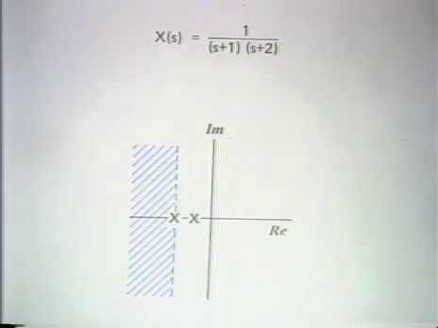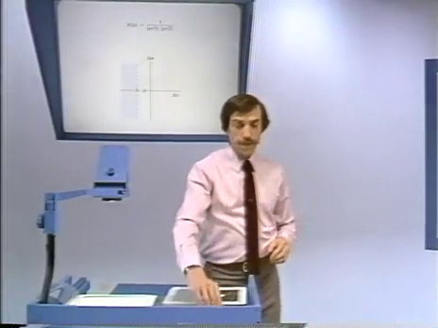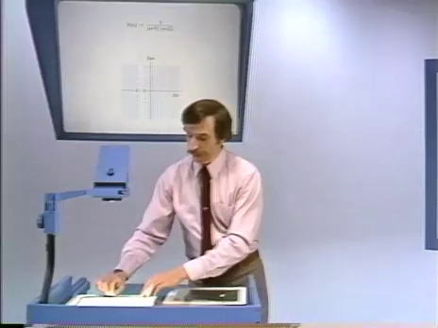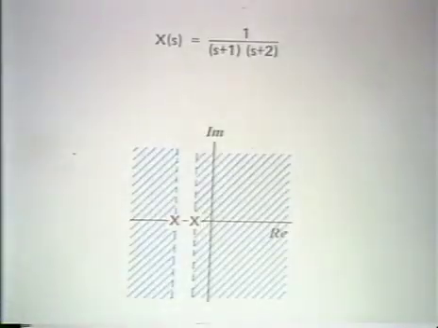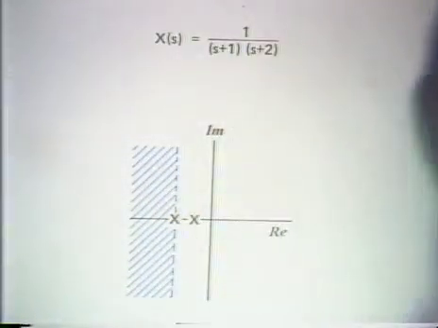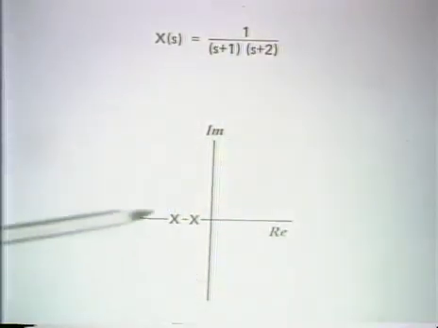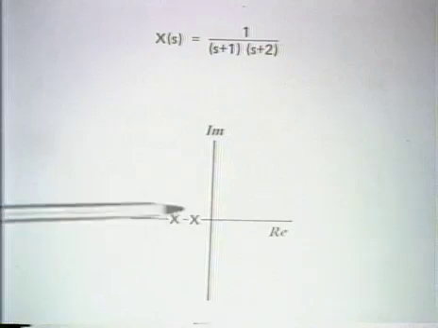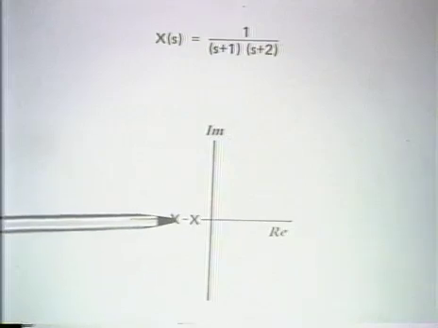And because I said without proof that the region of convergence must be a single strip, it can't be multiple strips, in fact, we could not consider as a possible region of convergence what I show here. So this is not a valid region of convergence. There are only 3 possibilities associated with this pole-zero pattern, namely to the right of this pole, between the two poles, and to the left of this pole.